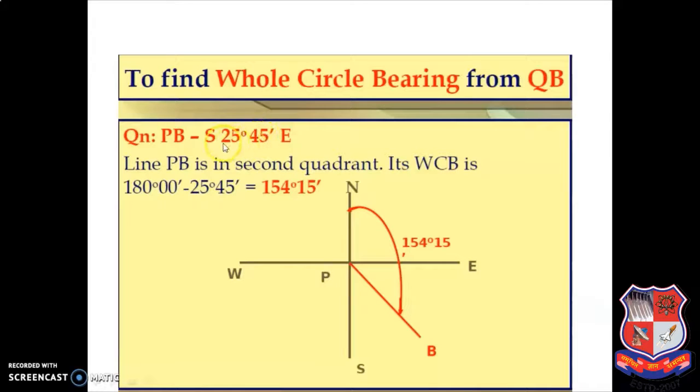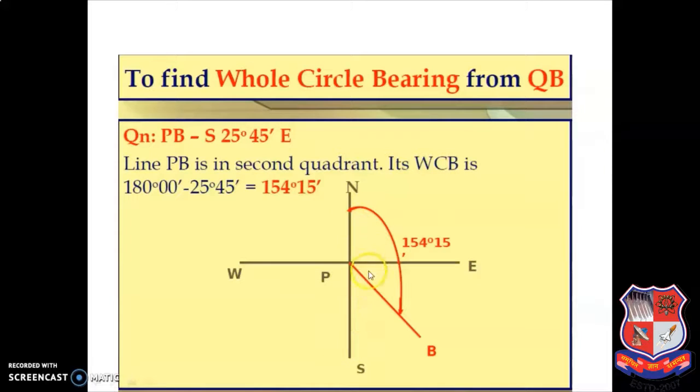So south 25 degree 45 minute east means it is in the second quadrant. Southeast means this is your southeast quadrant, and you have to show 25 degree 45 minute, from south to this line. This value is given to you, south 25 degree 45 minute, and from north to south, what is the total? 180 degree.